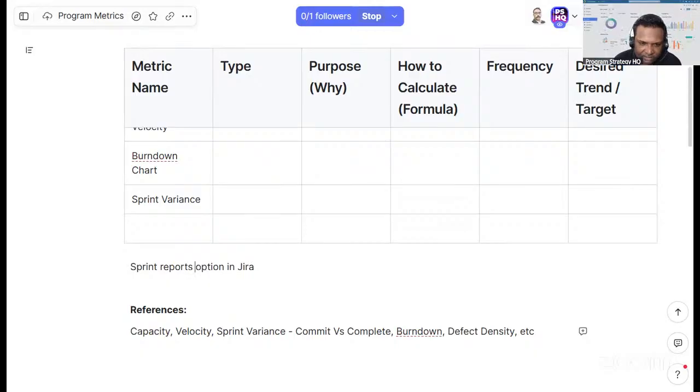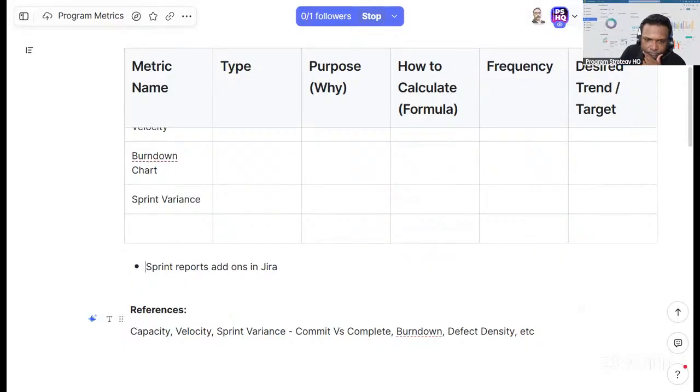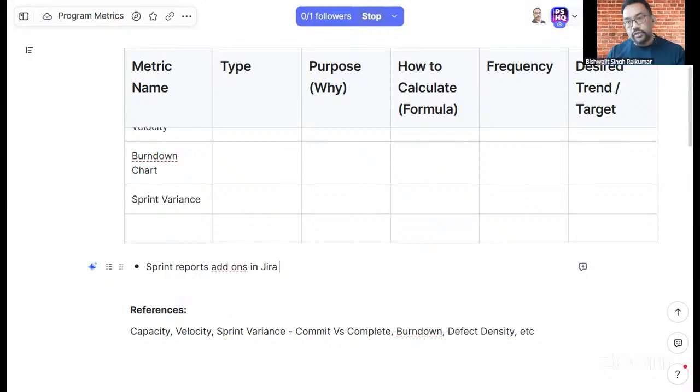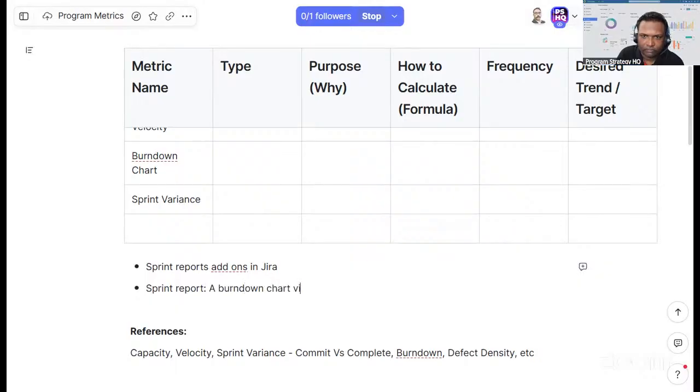Yeah, there are a lot of metrics and add-ons, but currently we are more focused on this because it helps to see the overall picture of the sprint. The sprint report also shows the burn down chart along with the tickets, a burn down chart view along with other key metrics.